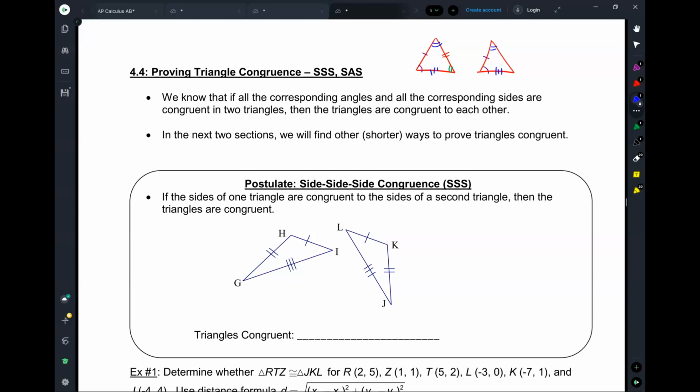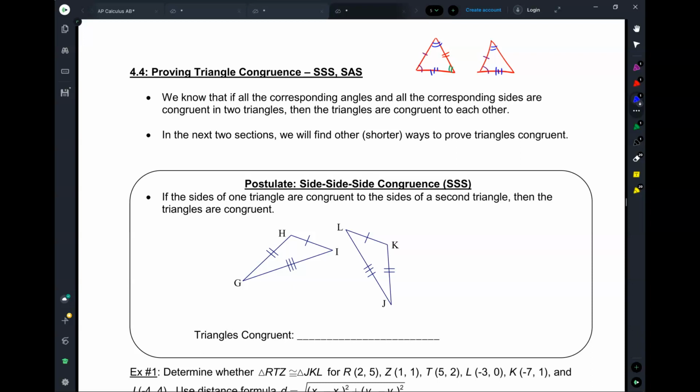But we're going to see that you don't need all 6 of those things to be congruent. Sometimes you can get away with just 3 of them if it's the correct combination of 3. So that's what we're going to do in the next few lessons.